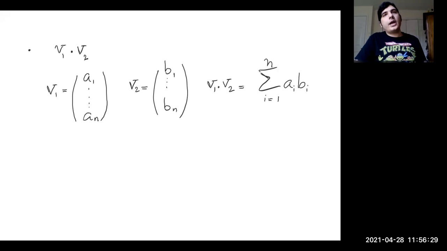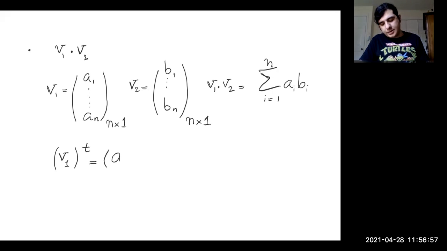There are two different ways to present the same quantity. Note that V1 can also be considered not only as a vector, but also as a matrix, because any vector is an n by 1 matrix, right? So I can think about the transpose of this matrix, and it would be a 1 by n matrix.